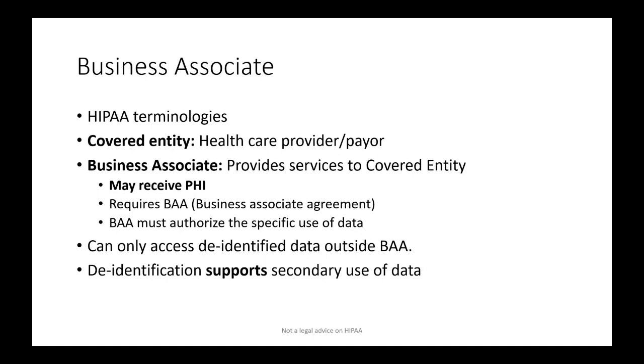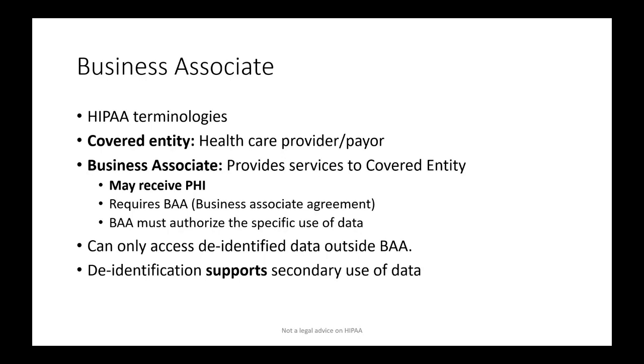But the BAA needs to allow you to use the data for that particular purpose. If the BAA does not allow you to use the data for the kind of research that you're doing, then you cannot use that PHI to do your research.